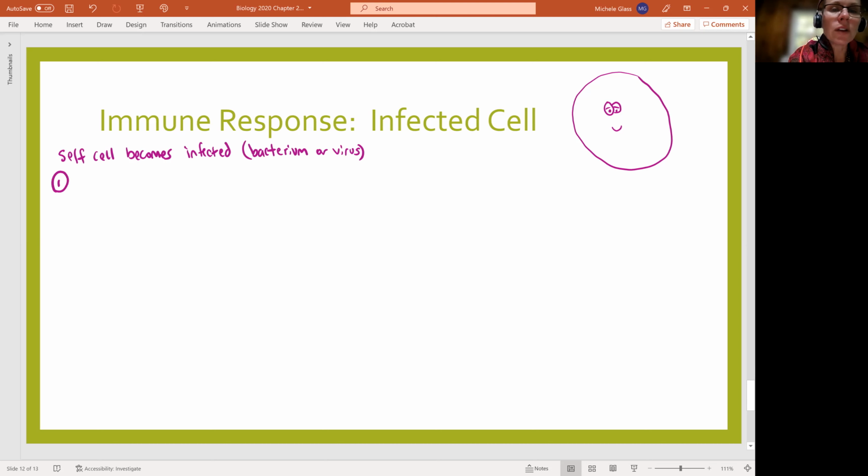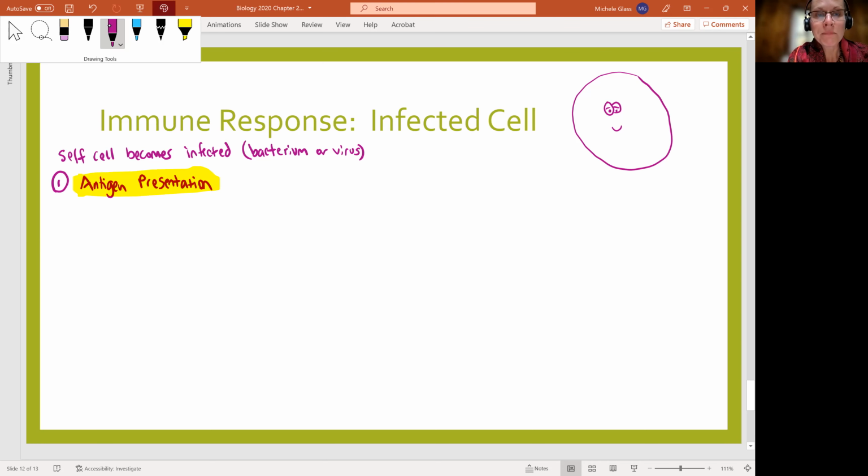And so the very first thing that's happening to initiate our immune response is what is called antigen presentation. Remember, antigen presentation is where our cell that's infected takes an antigen from that pathogen, incorporates it into its major histocompatibility complex protein that it's making all the time to hang off of its cell membrane.